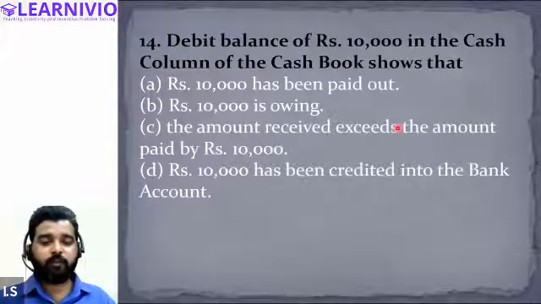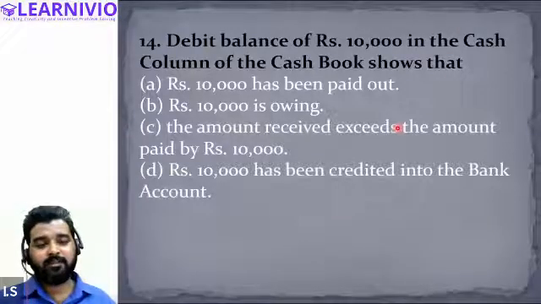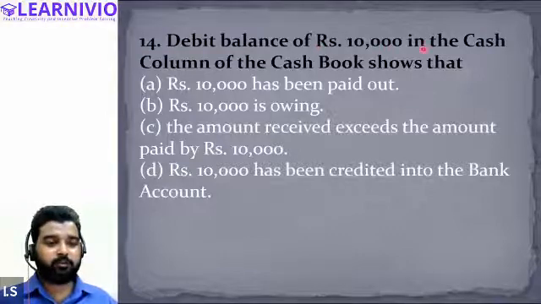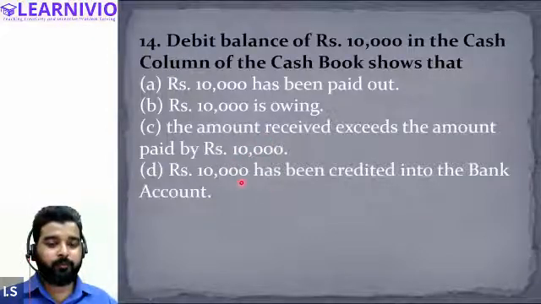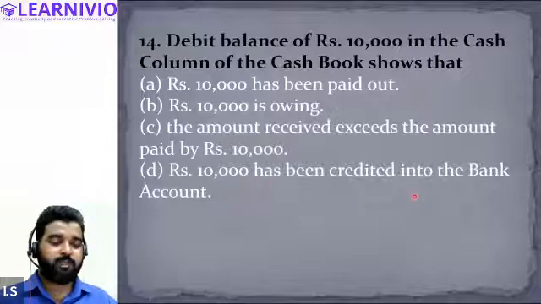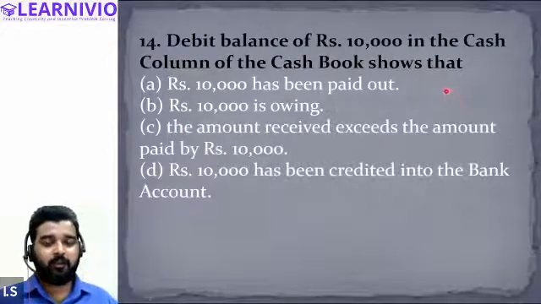Then we have 14th question. Debit balance of rupees 10,000 in the cash column of the cash book shows what?